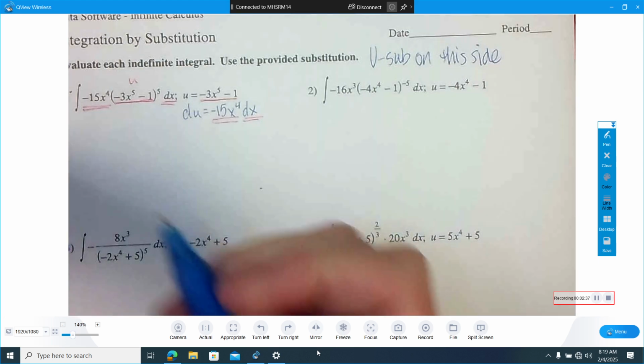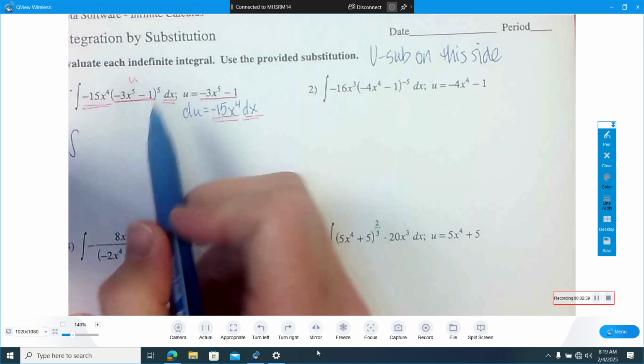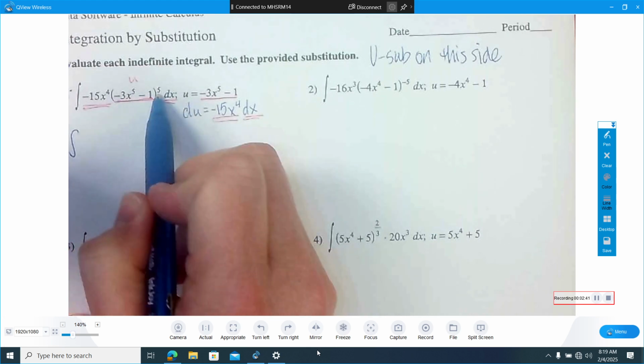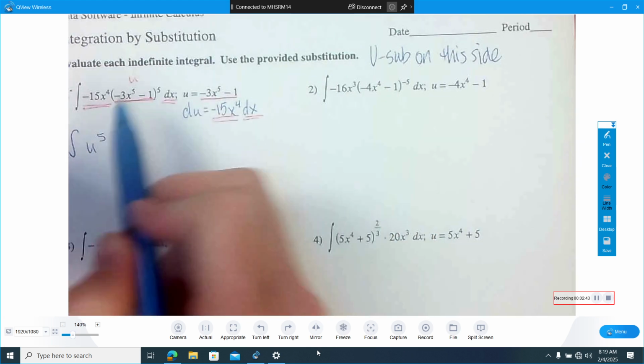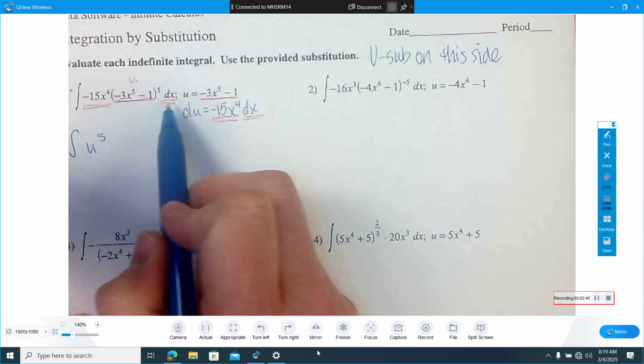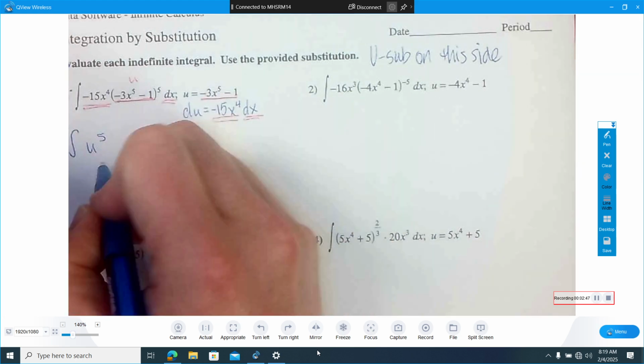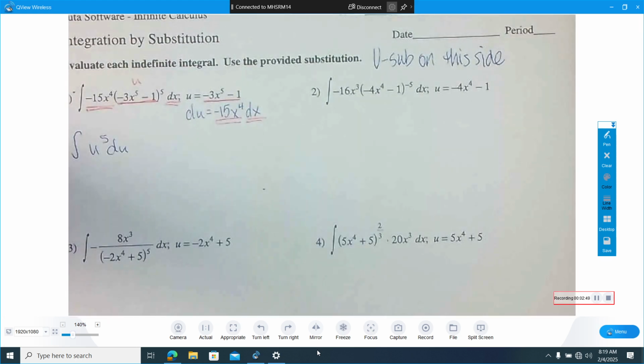So I can simply rewrite this integral as u to the 5th power, and then in place of negative 15x to the 4th dx, I can just replace it with a du. Like, it's completely cleaned up. All right? Could we do it the same way we did before? Absolutely. Okay? But it's all taken care of. Everything's got a new name, essentially. Does that make sense to you?